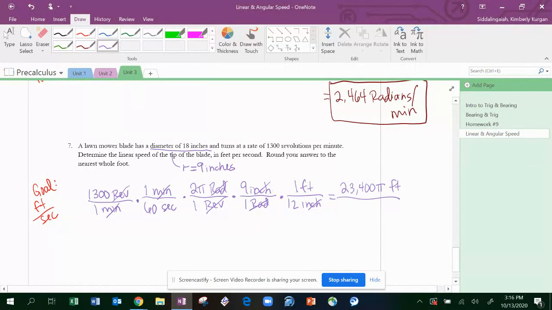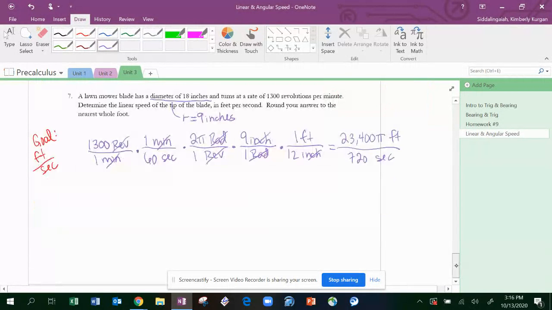over 1 times 60 times 1 times 60 times 1 times 1 times 12. So divided by 720 seconds. Now, that is an awful answer, and it says to round to the nearest whole foot.